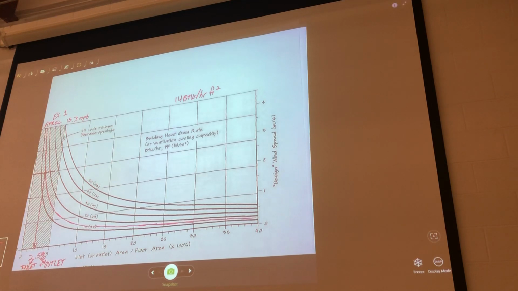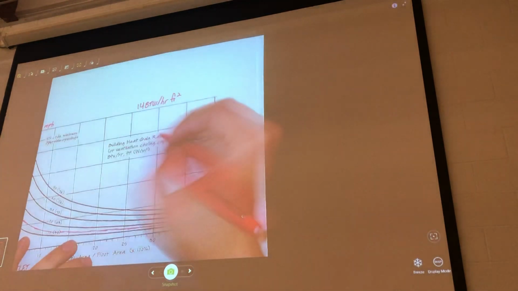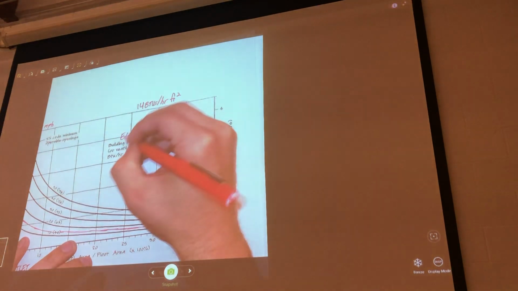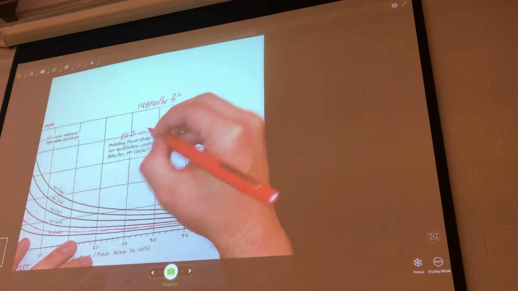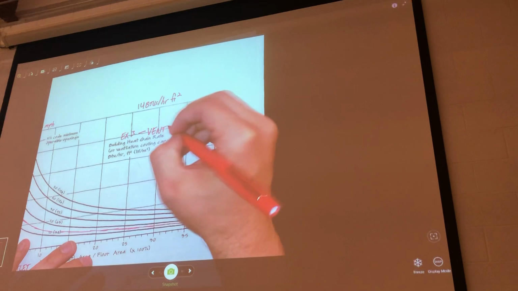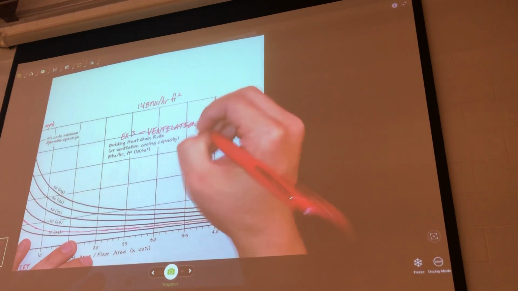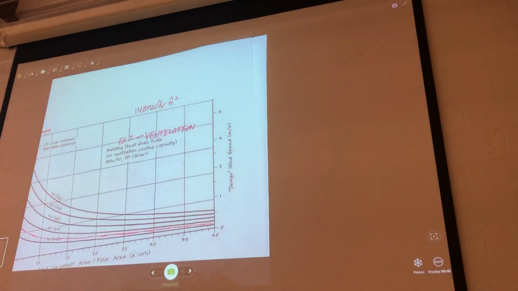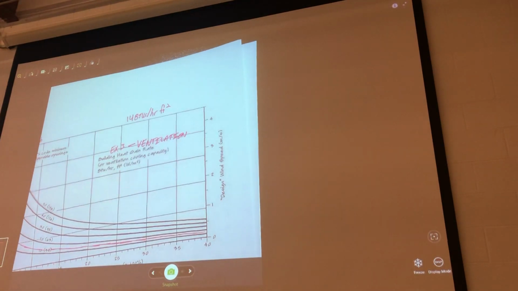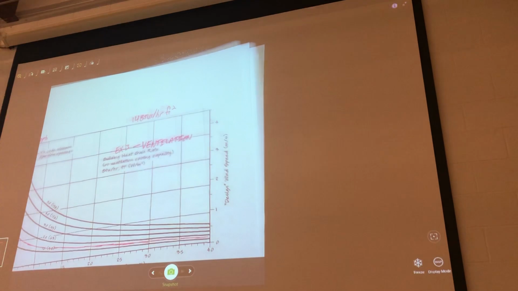So it's never actually going to cause any heat gains inside of the actual building. So your heat gain is going to be the same as your exercise 3 minus your ventilation. So do remember that. And that's for both cross or stack.